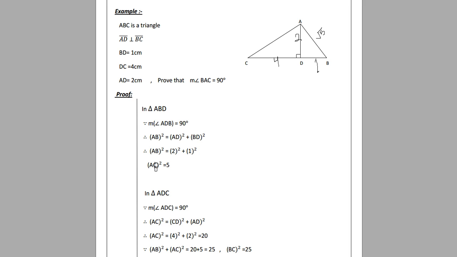So AC squared equals 4 squared plus 2 squared. 4 squared is 16 and 2 squared is 4. So 16 plus 4 is 20. So AC squared equals 20. Okay, so the square root of it is 2 root 5.